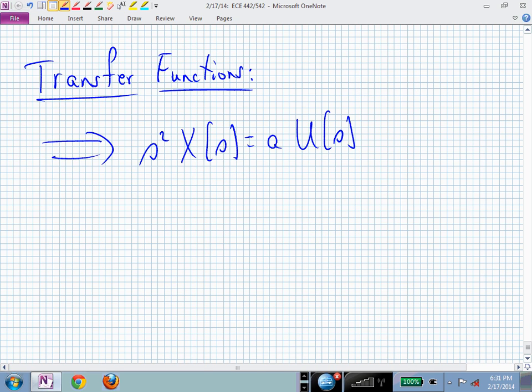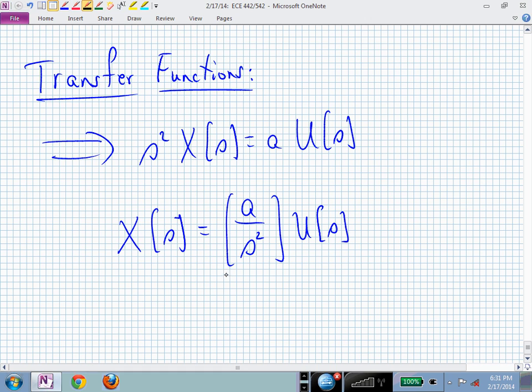And now I can solve for my output variable, maybe, which is the Laplace transform of my position, capital X of s. That's now a over s squared times U of s. And this piece right here in square brackets, that's my plant. That's my system. It's just a over s squared.